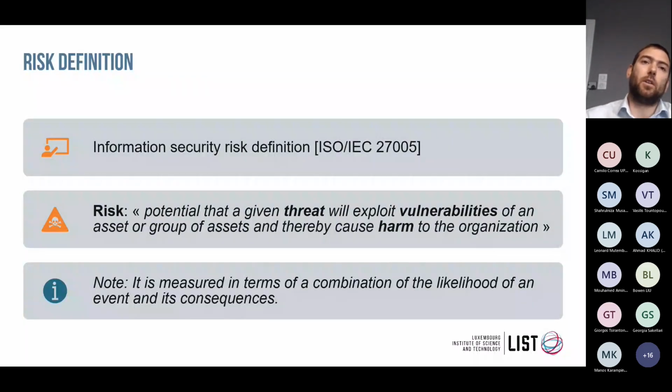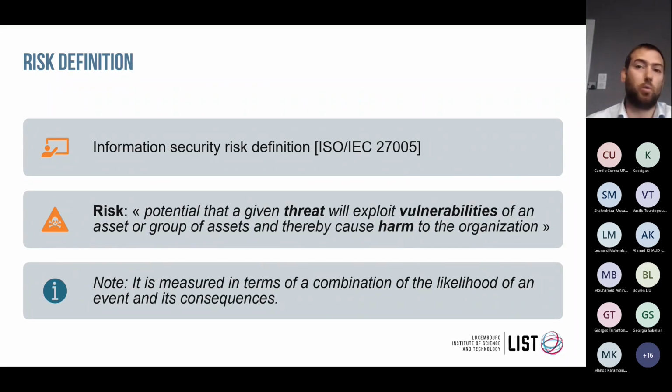Now the ISO 27005 gives us a more detailed definition for an information security risk. A risk in the information security domain is defined as the potential that a given threat will exploit vulnerabilities of an asset or group of assets and thereby cause harm to the organization. But it is totally compatible with the previous definition, since it is noted that it can be measured in terms of a combination of the likelihood of an event and its consequences.